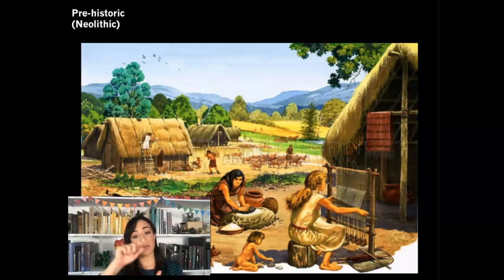Rather than continuing to migrate with the seasons and with the animals or the vegetation that they wanted, we start to see during the Neolithic larger permanent settlements. And these larger permanent settlements have larger populations of 500 to 1,000 people. And what we have is, like I said, textiles, pottery. We have more permanent structures.